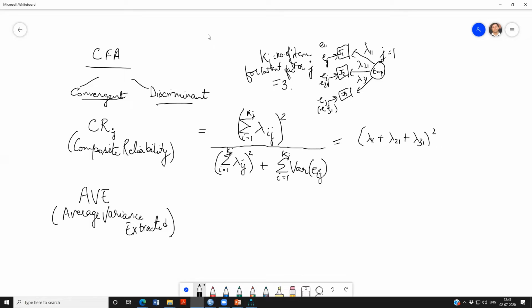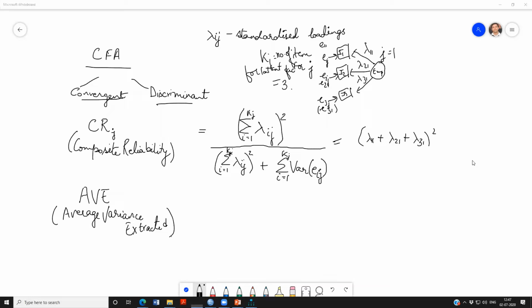Right? And let me also mention here that lambda ij are all standardized loadings.